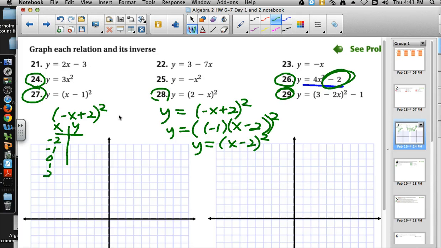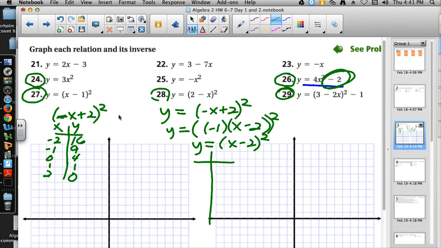Negative 2 with a negative in front of it will be 2, and then 2 plus 2 is 4, and 4 squared is 16. If we put a negative 1 in here, there's already a negative, so that'll be 1 plus 2, which is 3 squared, which is 9. Put a 0 in there, 0 plus 2, 2 squared is 4. Put a 1 in there, negative 1 plus 2 is 1 squared, which is going to give you 1. And then negative 2 plus 2 squared gives you 0, and we'll be able to see the symmetry from there.